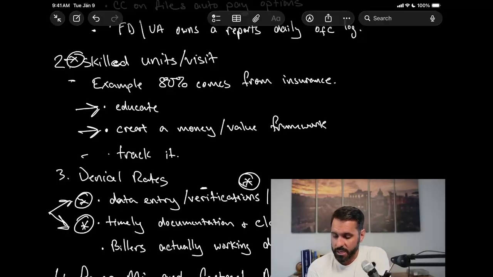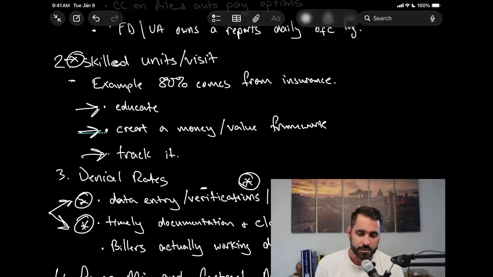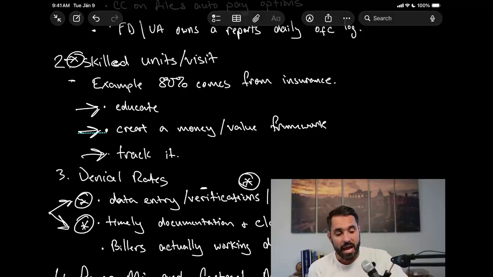And then lastly, you want to track it. Like I said, what gets measured improves. So track your units per visit by provider and have them report that to you weekly, so that we can problem solve around what's getting in the way of billing the most that we possibly can and providing that value for our patients.